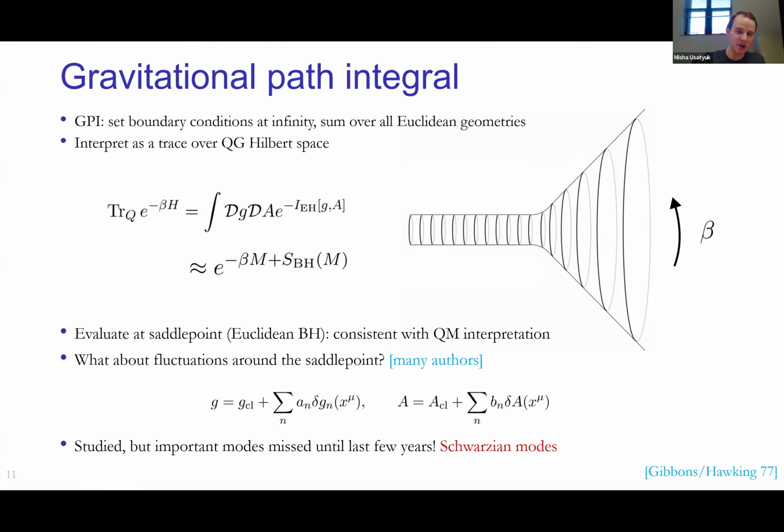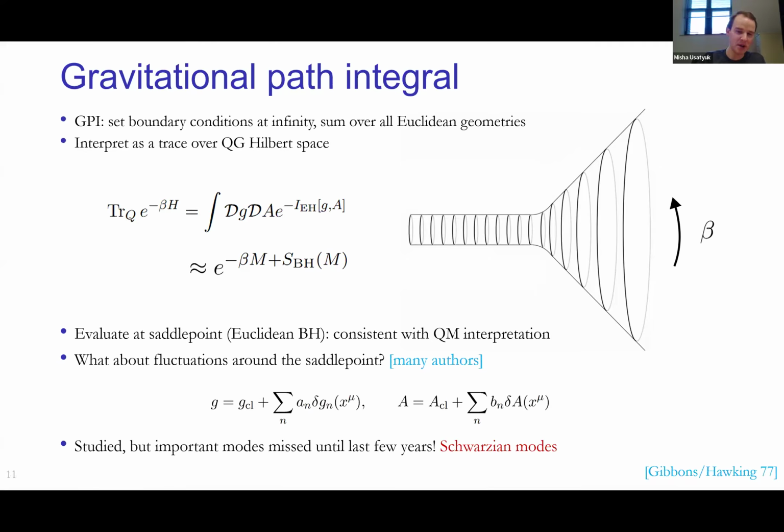You have some real number a_n, and you have some fluctuations delta g_n that depends on the coordinates on top of the cigar geometry. And you do the same thing for the gauge field. You work out the action to quadratic order for these fluctuations, delta g_n. You integrate over a_n, and that gives you some one-loop approximation around the saddle point.